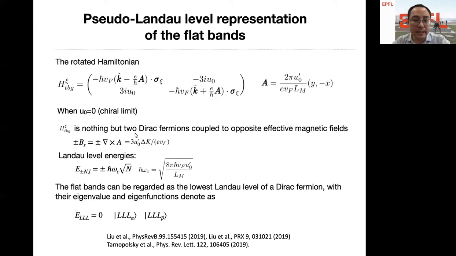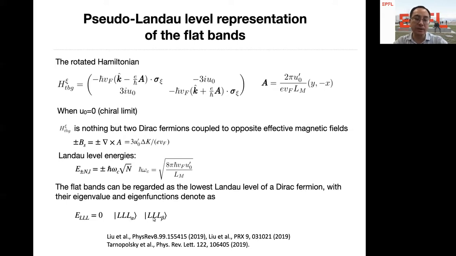In this case, the flat bands can be regarded as the lowest Landau level of our Dirac fermions with opposite magnetic field, and their energy is 0. So in the chiral limit, at the magic angle, the band is totally flat, and the eigenfunction, since it is the lowest Landau level of our Dirac fermion, is sublattice polarized.